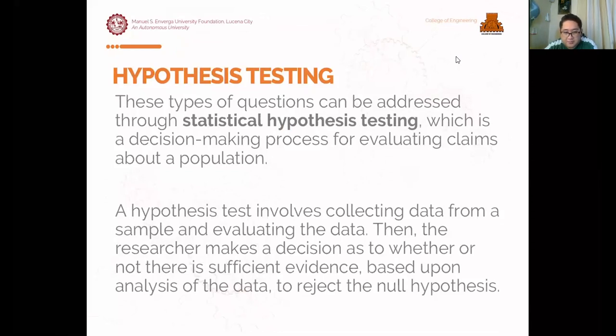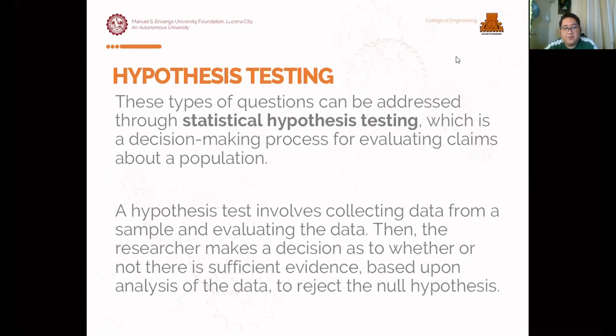Okay? So, this involves collecting data from a sample and i-evaluate natin yung data. So, yung data tinatawag natin dito, so, kuha natin yung mean niya, yung standard deviation niya. Then, once nakuha natin yung mean and standard deviation, magagawa natin yung normal distribution niya. Then, i-standardize natin yung normal distribution niya. So, i-compute natin yung z-score niya.